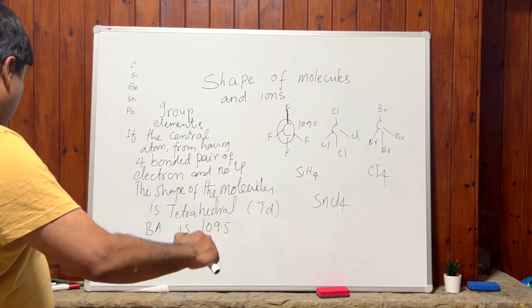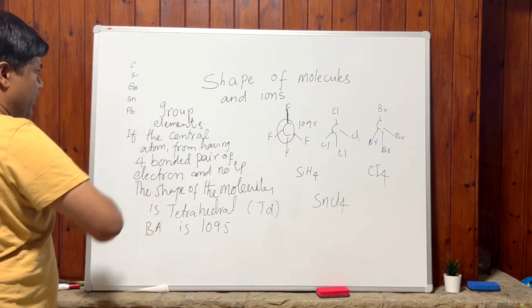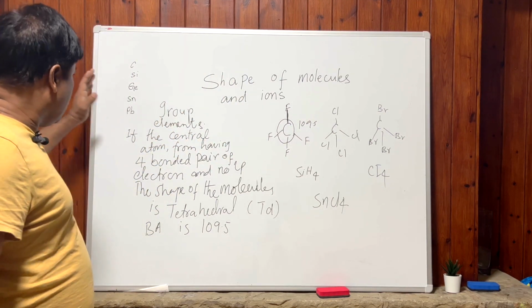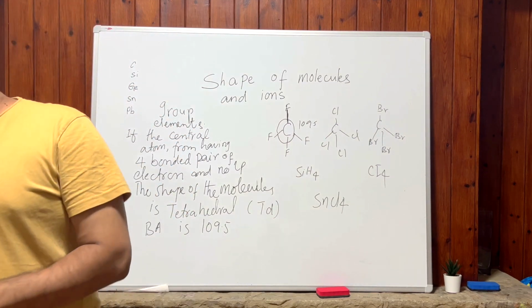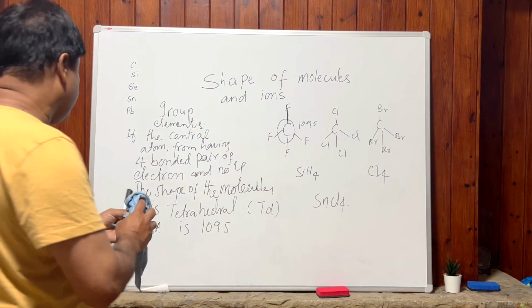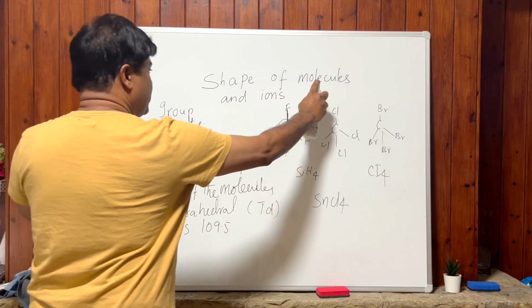Now, after group 4, I want to jump to the group 5 elements. I want to move across the periodic table. So the central atom is from group 5.